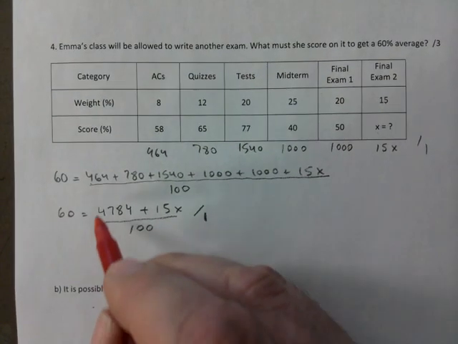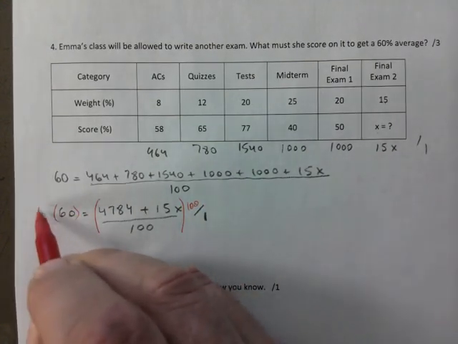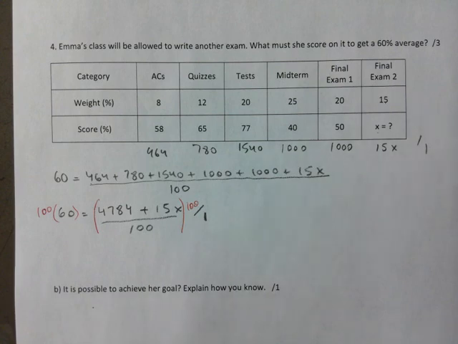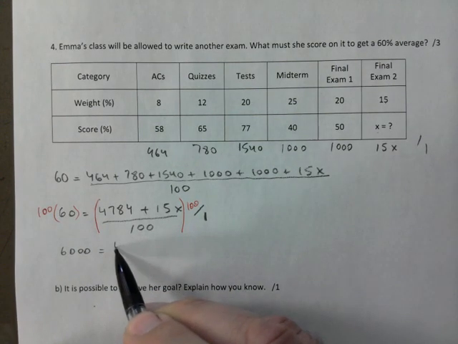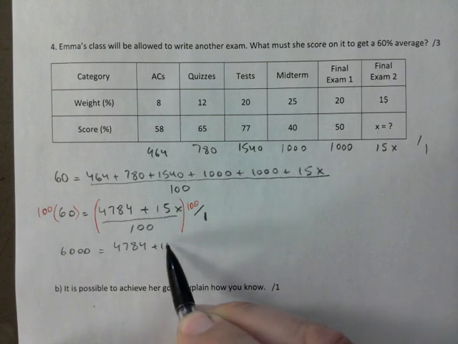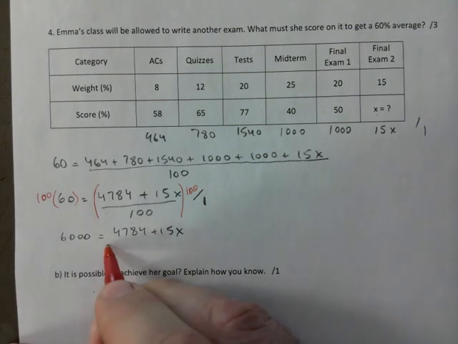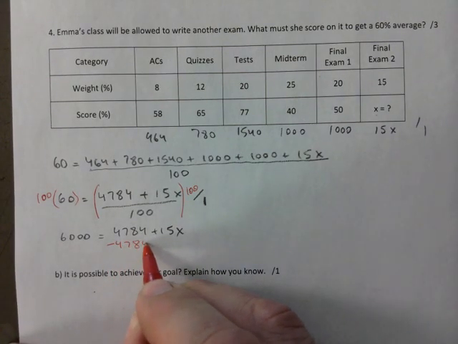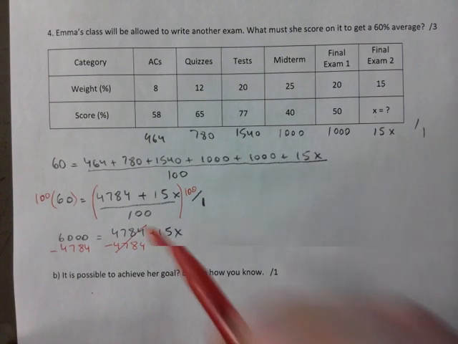And then at this point we multiply by 100. And so that's 6,000 is equal to 4784 plus 15x. At that point, you would also subtract 4784 from both sides, canceling that out.